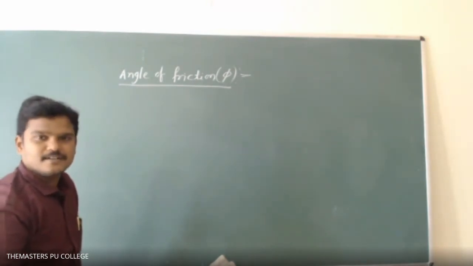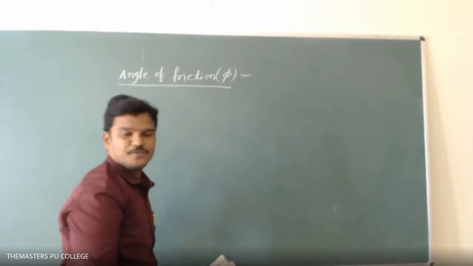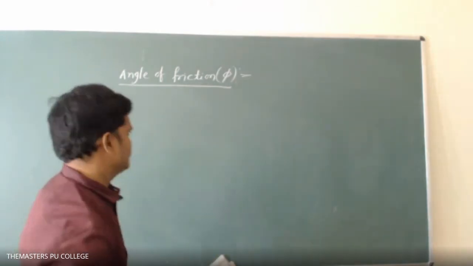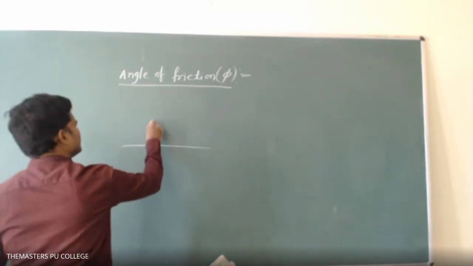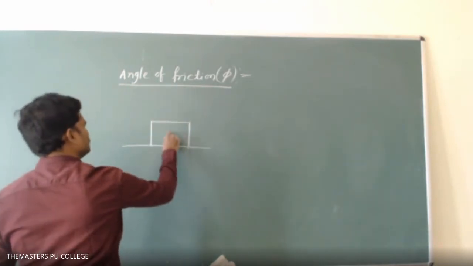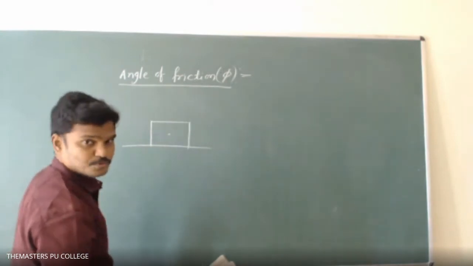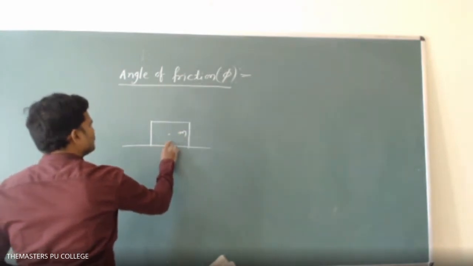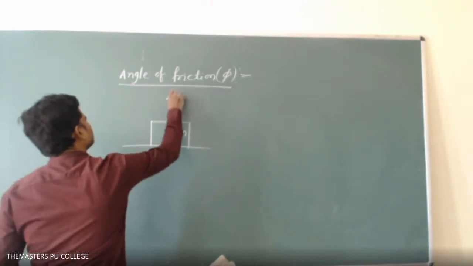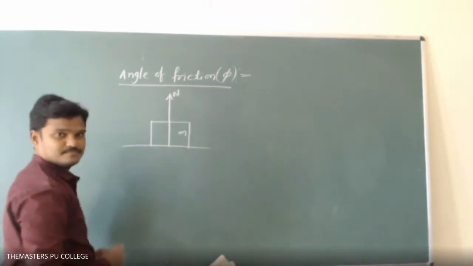To get this, let me consider a block which I am going to place on a horizontal surface. A block placed on a horizontal surface, whose mass is m. Then we know the normal reaction force is upward.